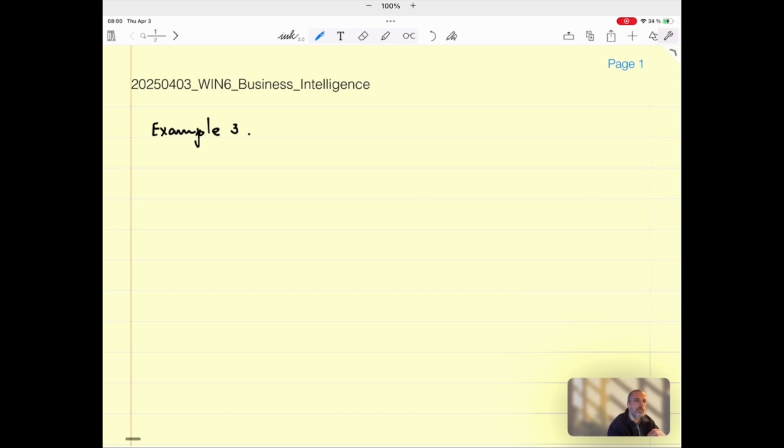So example 3 is a 3-layer perceptron with a forward pass. Now we have 3 layers. In the last example we had 2 layers only. Now we have 1 hidden layer.